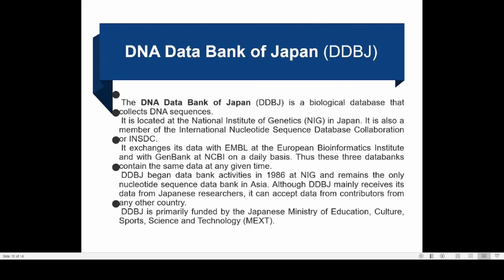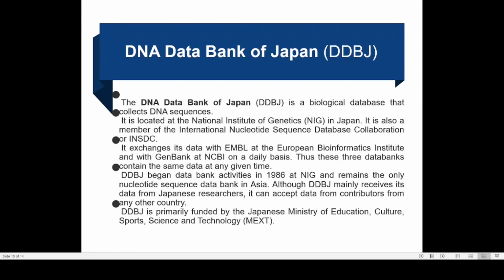Bioinformatics started in the USA around 1970 or 80, but in India it started functioning only after 2000. Other information about DDBJ is that they are supported by their Ministry of Education.